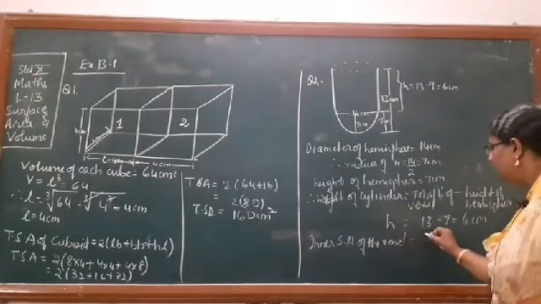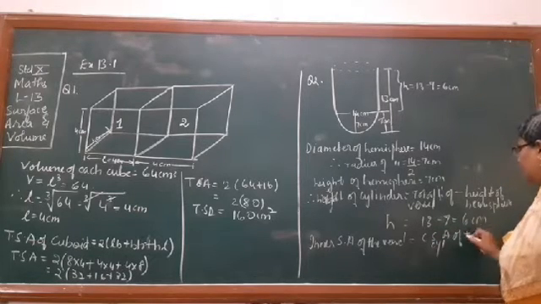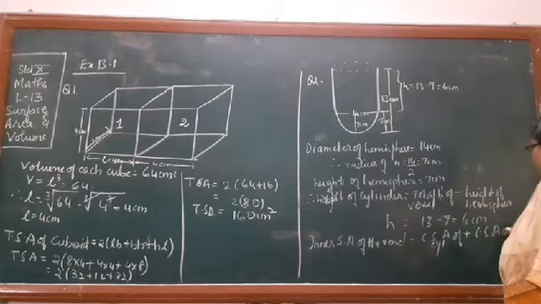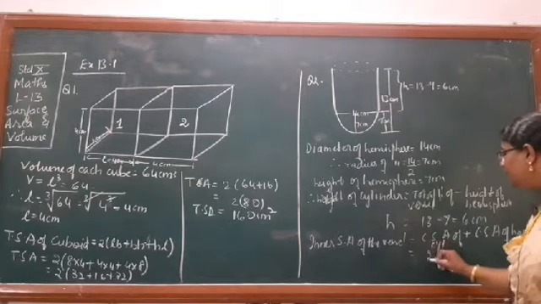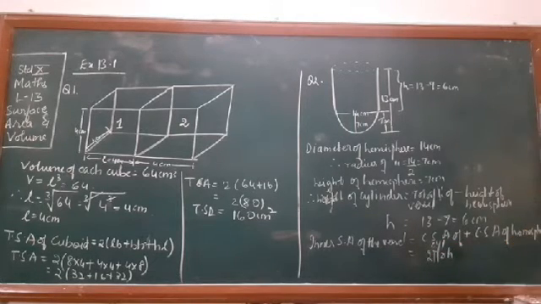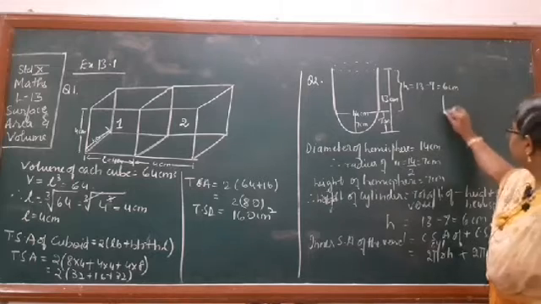So inner surface area of the vessel will be equal to CSA of cylinder plus CSA of hemisphere. Now what is CSA of cylinder? CSA of cylinder will be 2 pi r h, plus 2 pi r square which is the curved surface area of the hemisphere.